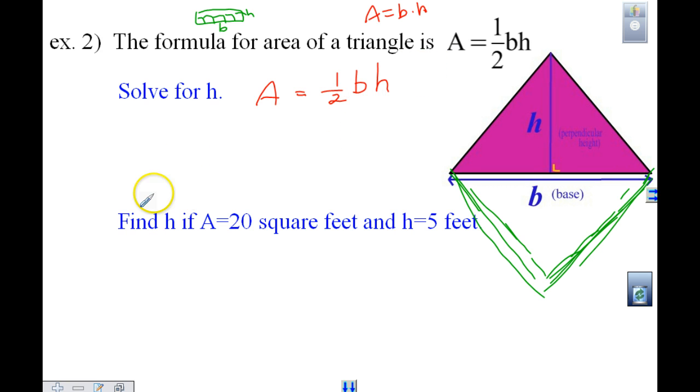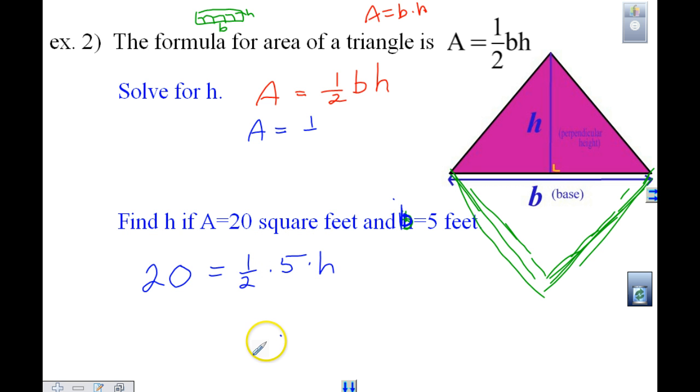But let's say I'm given a height and a base, h, b, and I just want a formula to plug it into. So let's say I plugged in here, 1/2, 20 equals 1/2, 5, times h. We're solving for h.